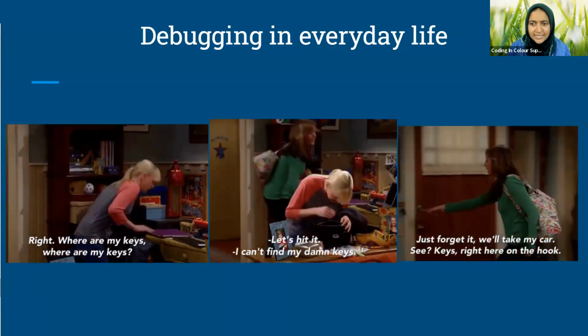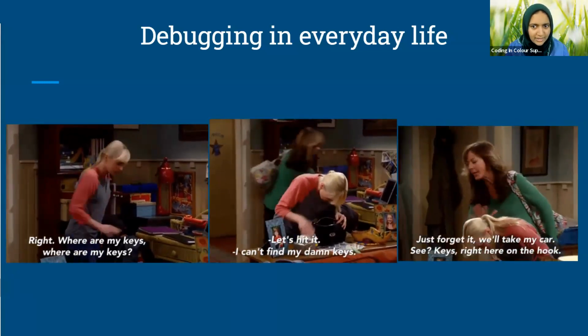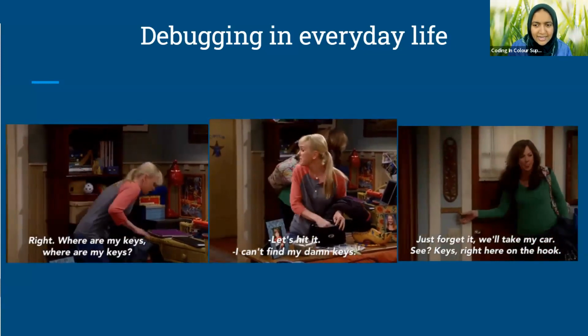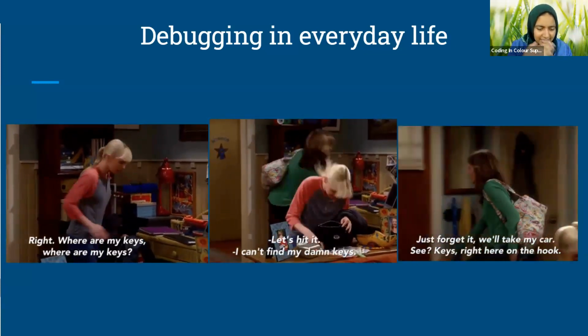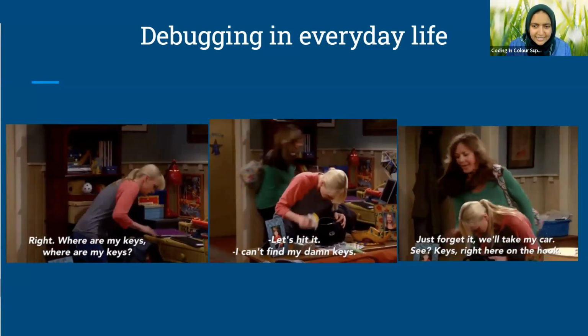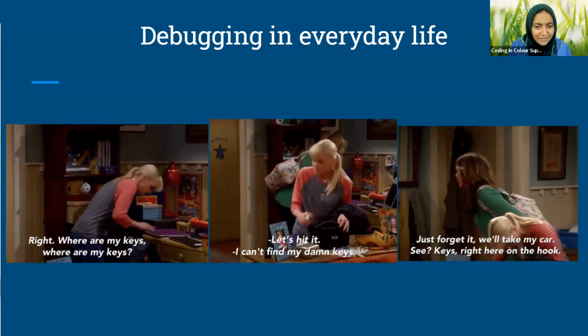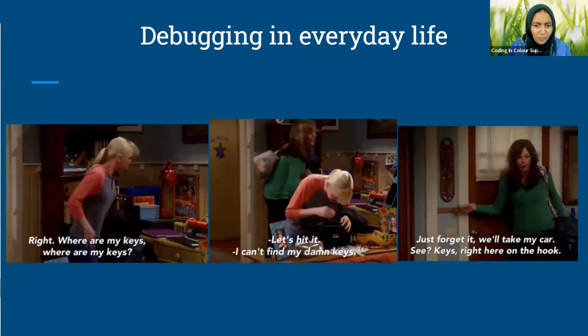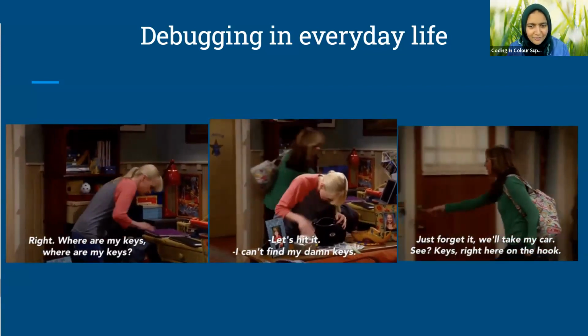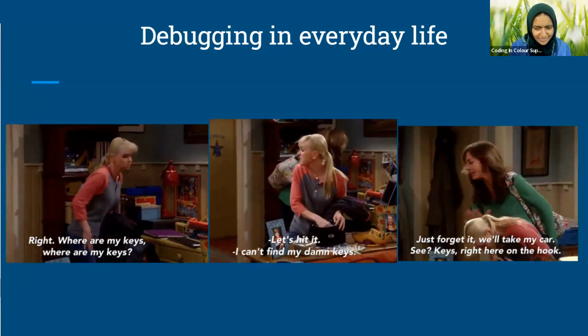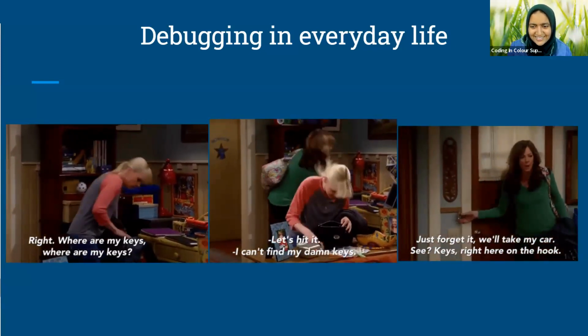Or you can ask, who was I with when I last had them? Maybe I gave them to that person. If we really break it down, we're using these step-by-step problem solving methods to find the core of the problem, and then we can solve it.